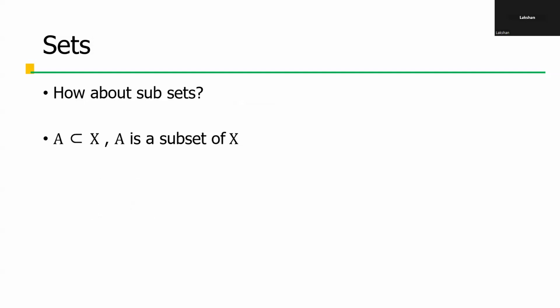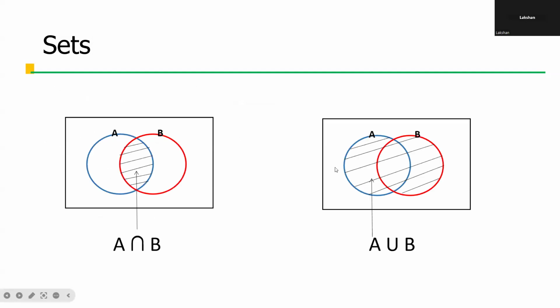In here, we have shown the notation. If A is a subset of X, we write it like this. Then there are two important concepts, intersection and union. If there are two subsets and an element belongs to both subsets, it will be represented by this area.